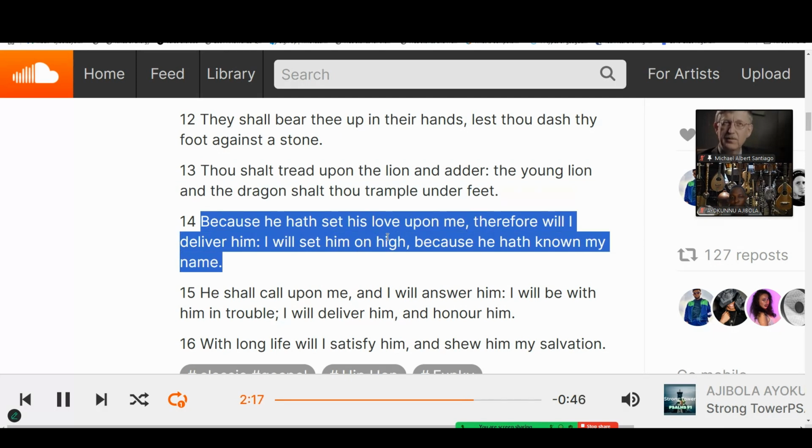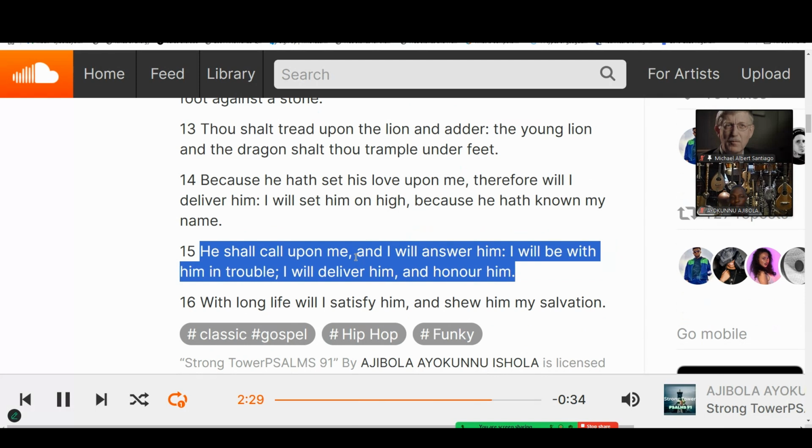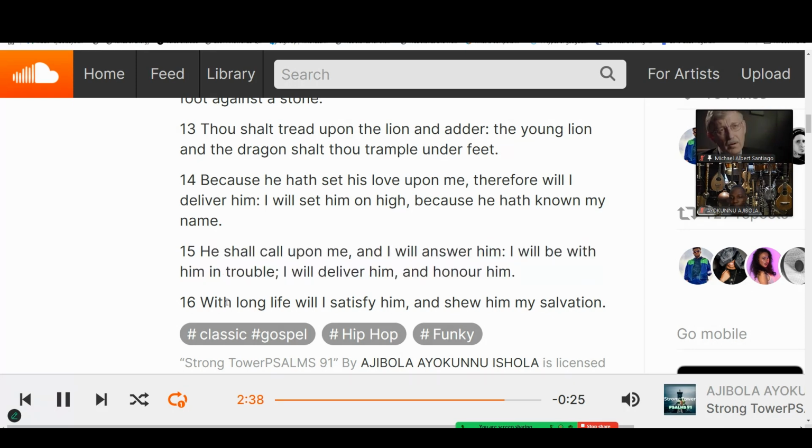Because he hath set his love upon me, therefore will I deliver him. I will set him on high, because he hath known my name. He shall call upon me and I will answer him. I will be with him in trouble. I will deliver him and honor him.